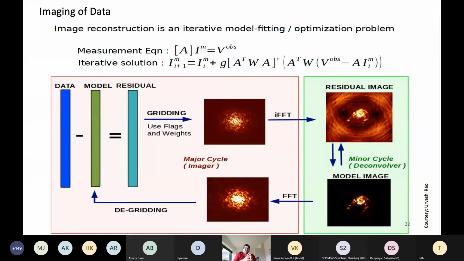Now, everybody knows, I think, in this particular crowd, that a DFT, or a discrete Fourier transform, is much more expensive than a fast Fourier transform. So if you grid the data into a power of n dimension, then you can actually apply a fast Fourier transform, so you can make things go faster. So you have to basically grid the data. That requires a gridding convolution function to be applied.